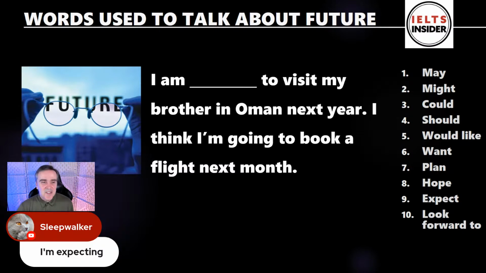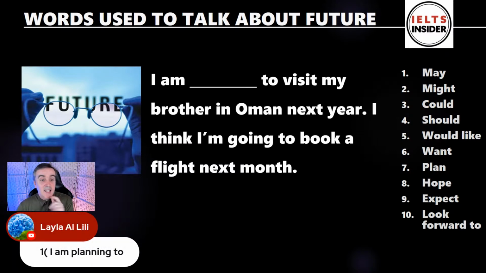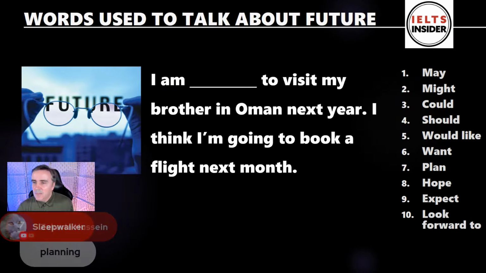This is closer, Sleepwalker, but expecting has a slightly different meaning. Now, Lavanya, you are onto something here. However, we have to change the verb a little bit to fit the grammar of the sentence, because I am planned to visit doesn't work here. Layla is saying, I am planning to. Zakaria, planning.